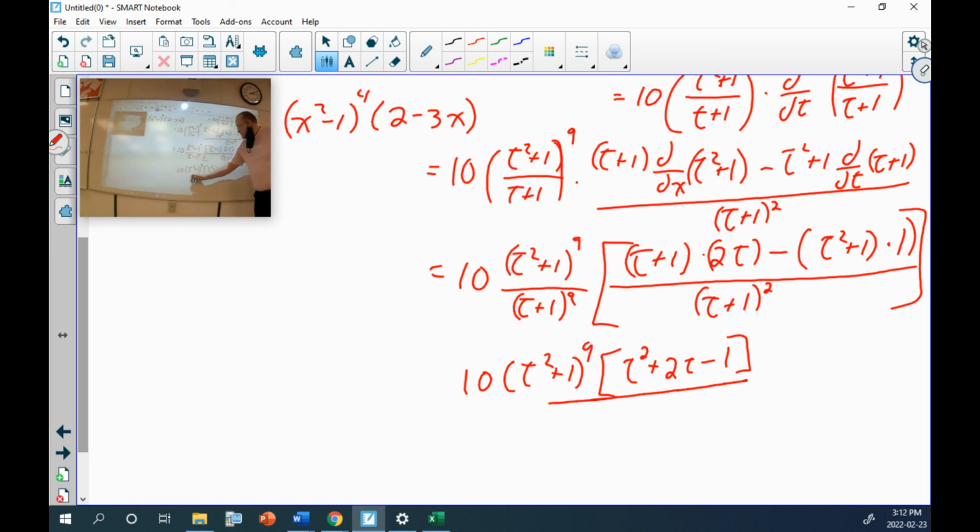And on the bottom, I have t plus 1 to the 9th and t plus 1 squared. What do I end up with? T plus 1 to the 11th. I can't factor that, although I did look.